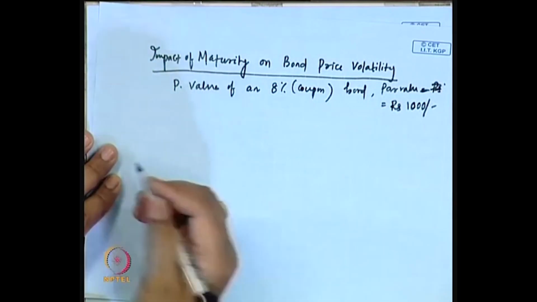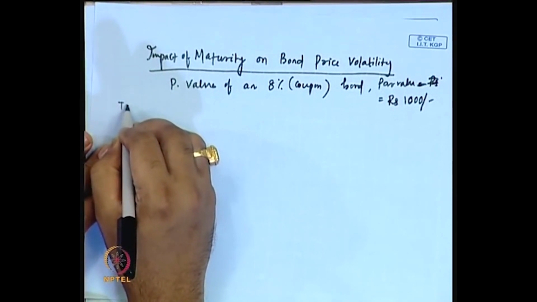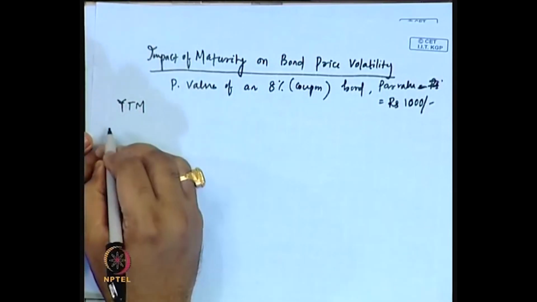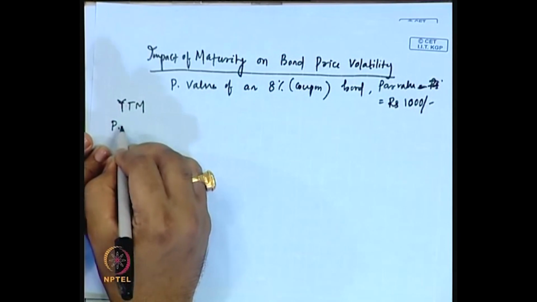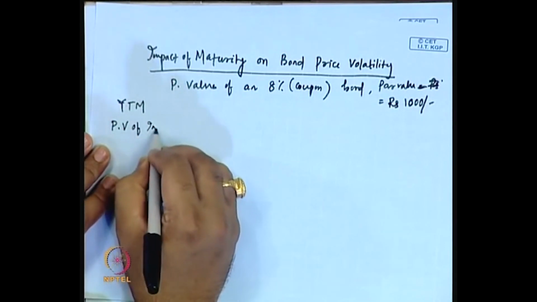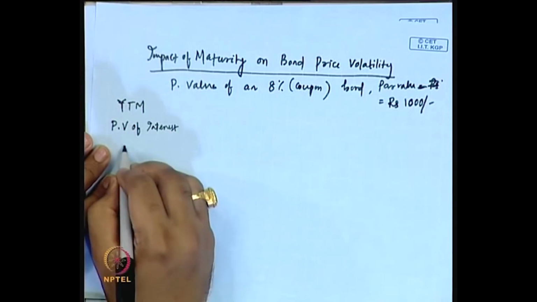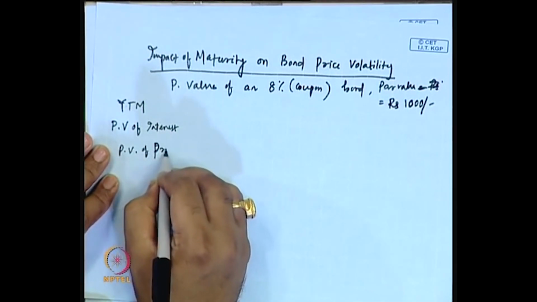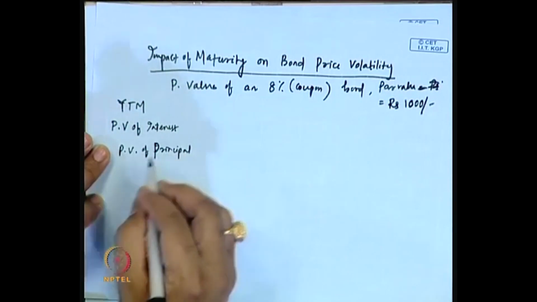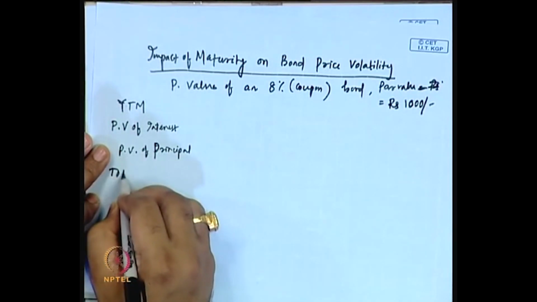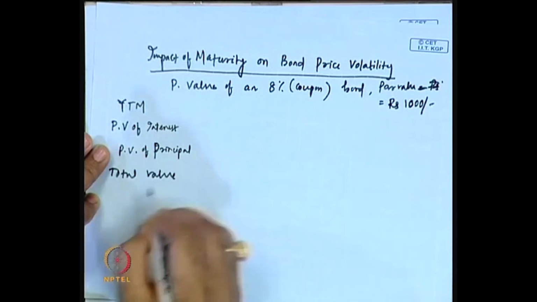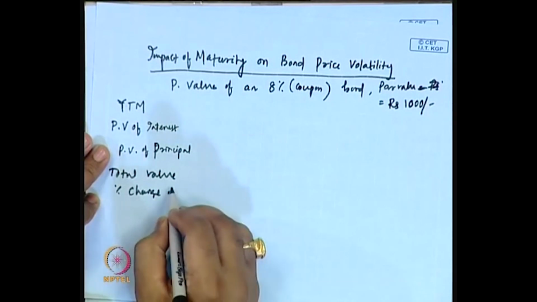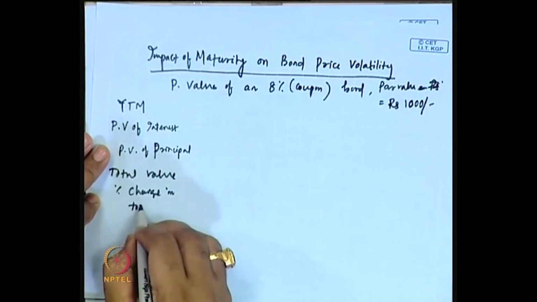Let this be your yield to maturity, let this be your PV of interest, let this be your PV of principal of the bond, let this be your total value, and this is your percentage change in the total value of the bond.